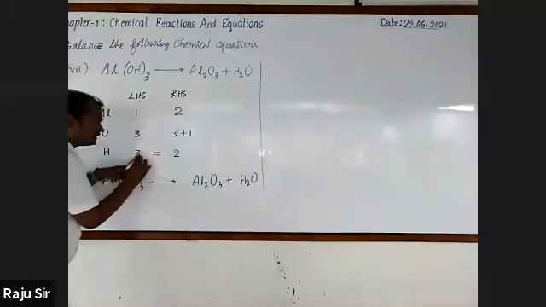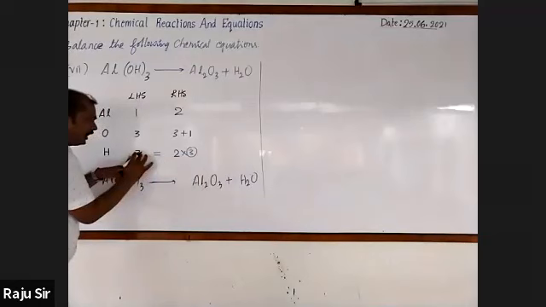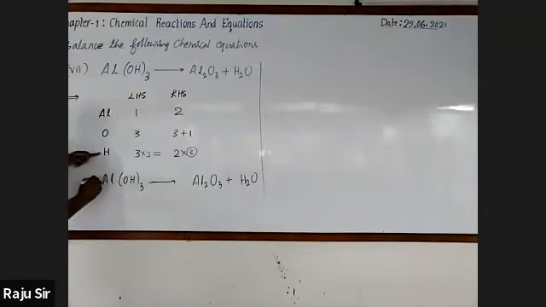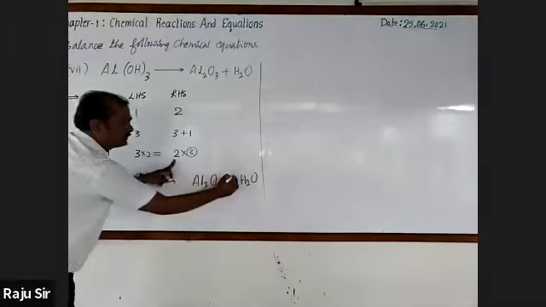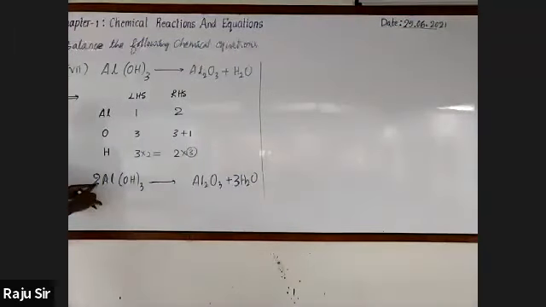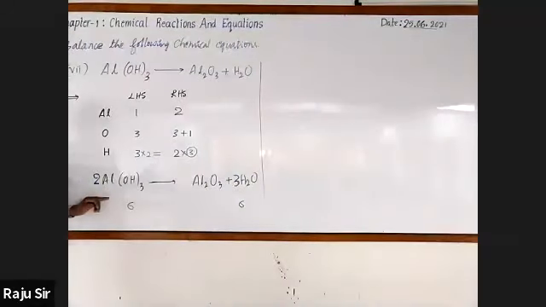To balance this, we multiply 2 into 3 and 3 into 2: multiply by 2 on the left hand side, and by 3 on the right hand side where hydrogen is there. Now hydrogen is balanced. Look here, 3 ones are 3, 3 twos are 6. Hydrogen, 3 twos are 6. Right?